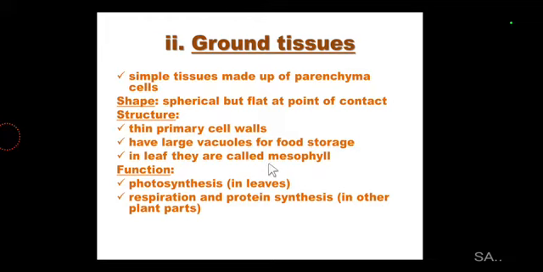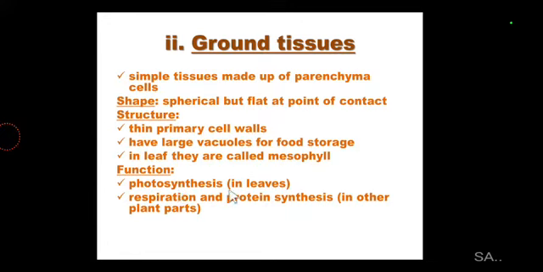One more thing I want to add here is the chlorenchyma cells, which are the specialized parenchyma cells, and they're found in the leaves and they contain the chloroplast. So they are performing photosynthesis over there in the leaf cells. So here I have mentioned the function just because of the presence of chlorophyll, the chloroplast.